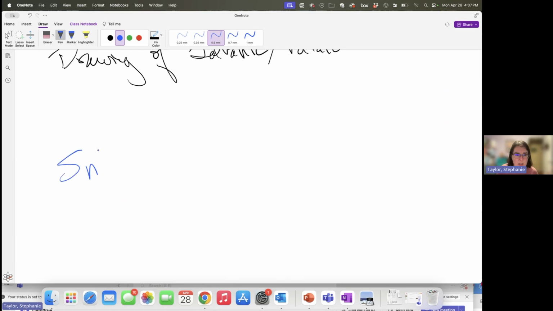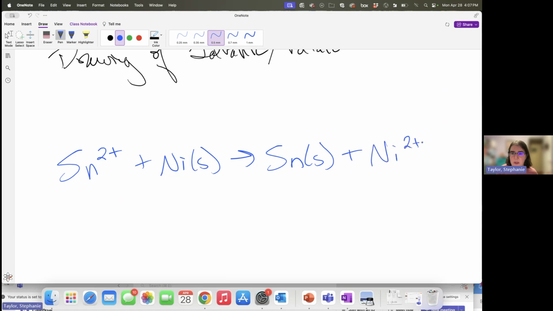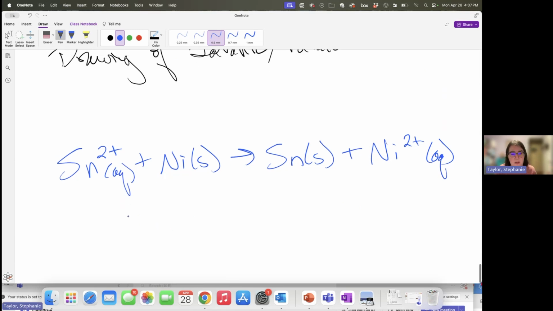We'll grab Sn 2+ plus nickel as a solid goes to Sn as a solid plus Ni 2+, and those are aqueous. From this reaction, the question is, what is E cell?